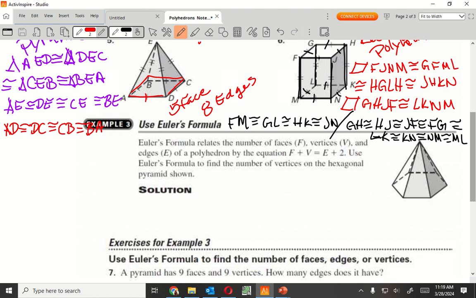I have 6 down here on the bottom, right? So how many faces is this one going to have? Not 6. 7, because you also include the bottom. There's 6 little triangles and 1 on the bottom. So it's 7 faces.